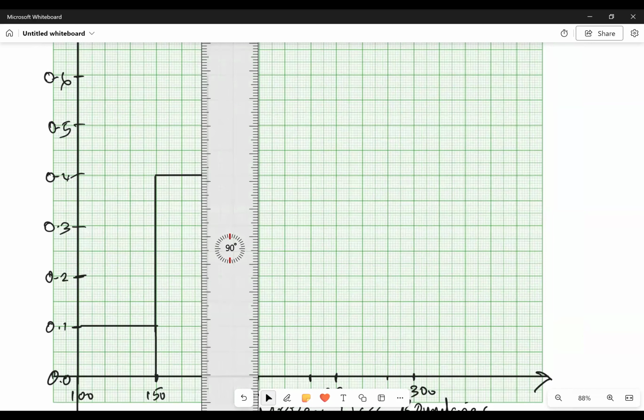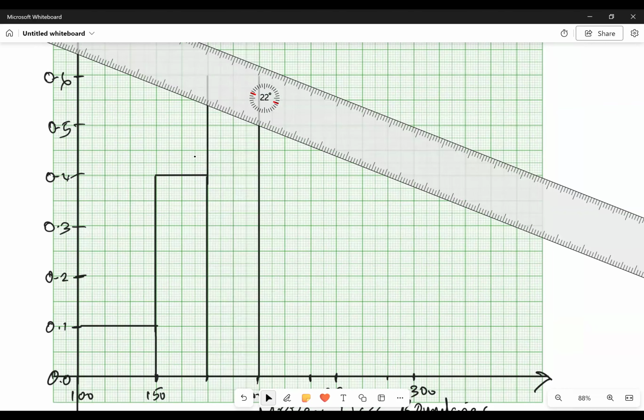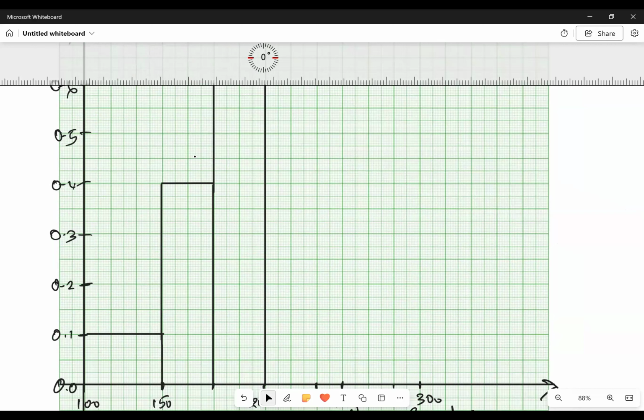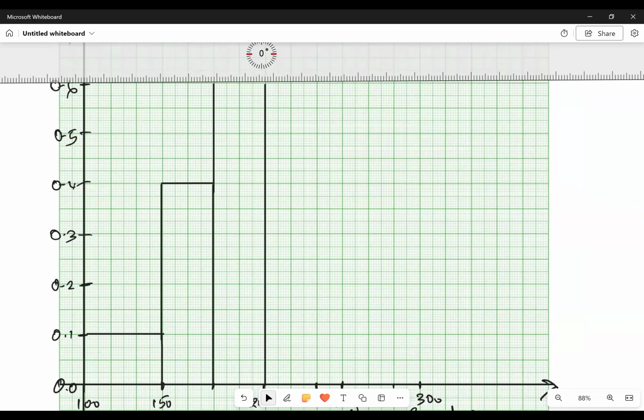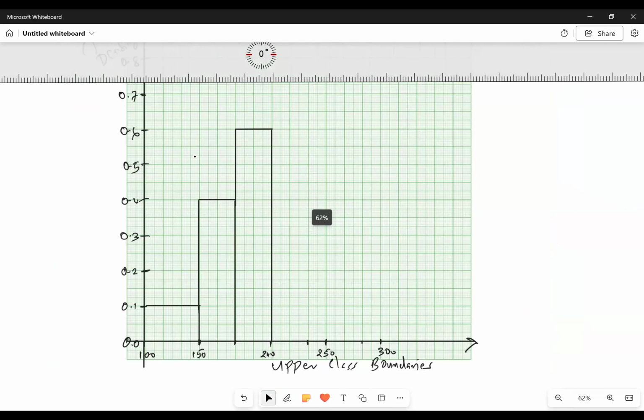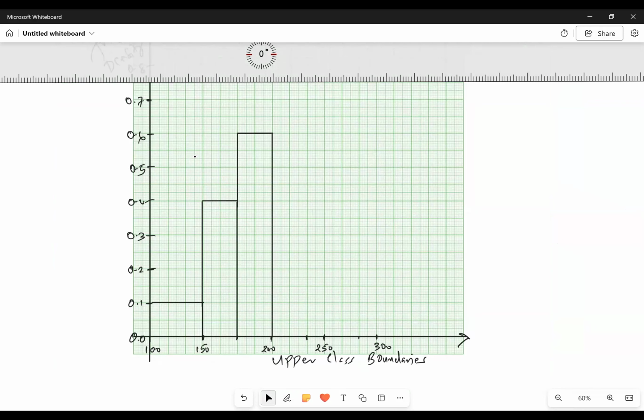Draw another straight line right there. And then I have my 0.6 right here, like that. Perfect. So you see how I'm building it? We already have our bars, and the bars are reflecting the sizes given in the question. So we are done with the 200.